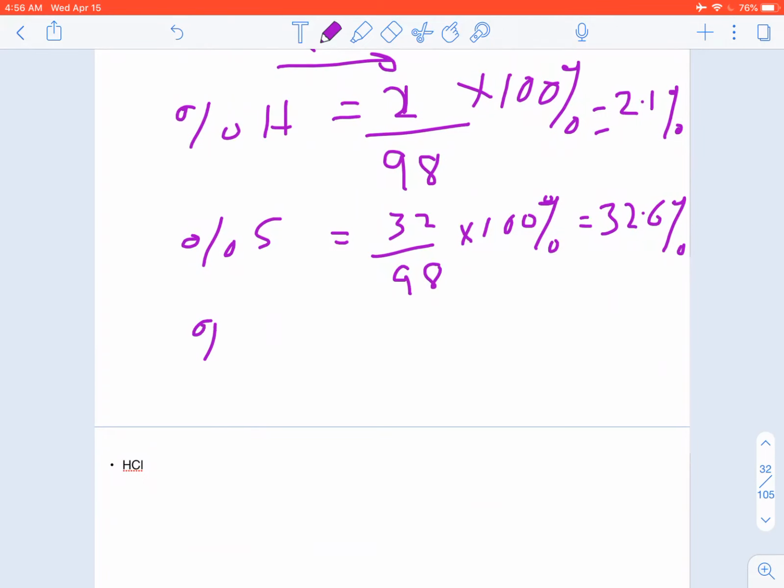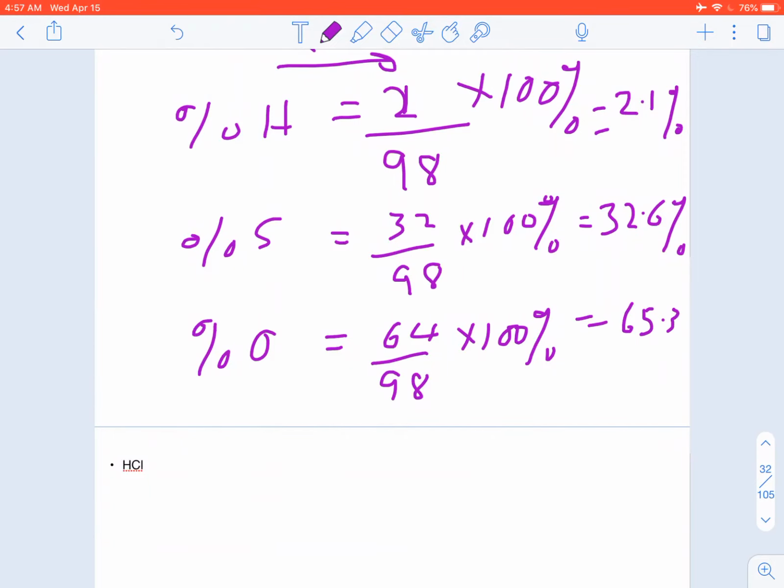The percentage of oxygen is equal to 64 upon 98, the same routine we're going through, and that gives us 65.3%.